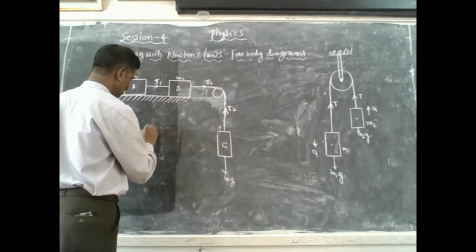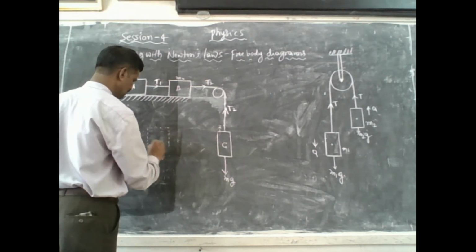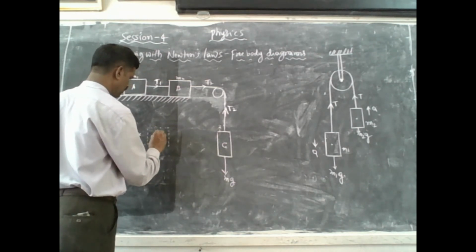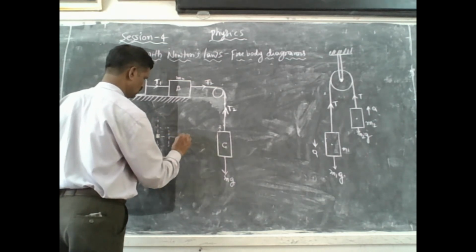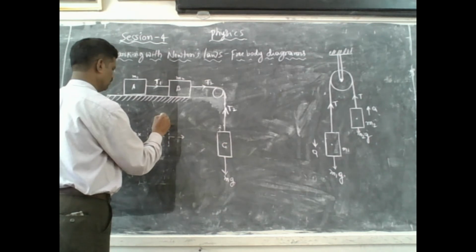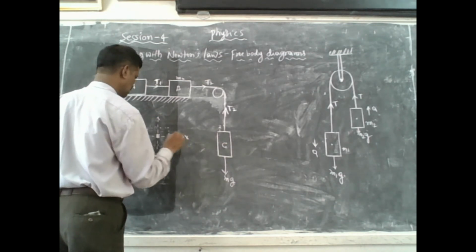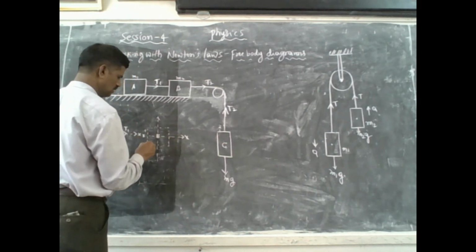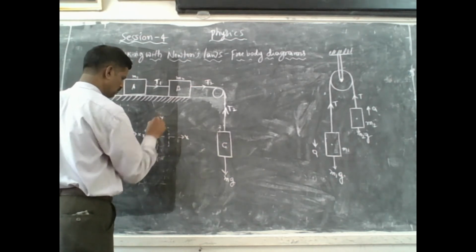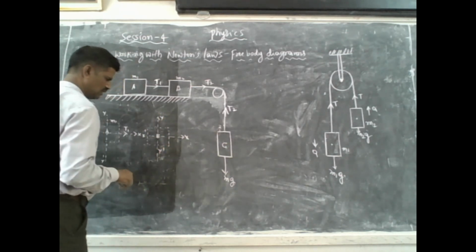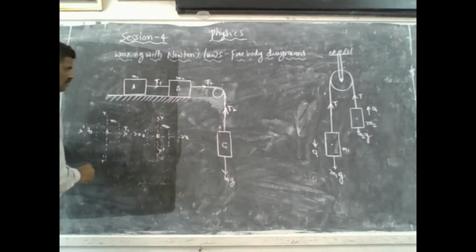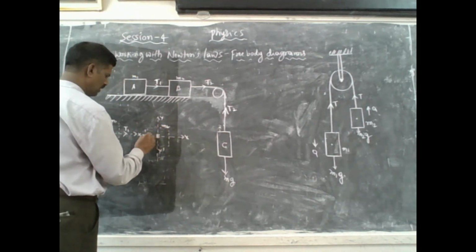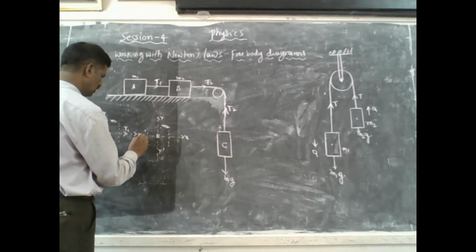Another block here is there, B. Negative x-axis, and here is positive y-axis, negative y-axis. So therefore, here it is having mass M2, the frictional force develops. Here the tensional force is there, T2.